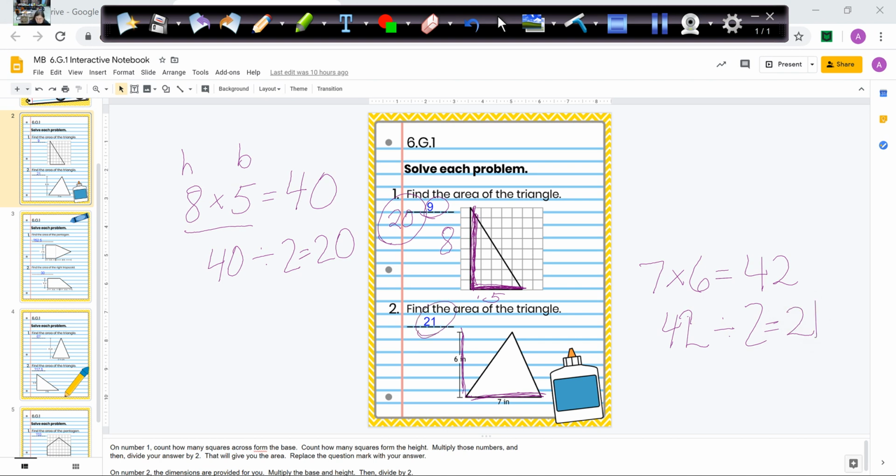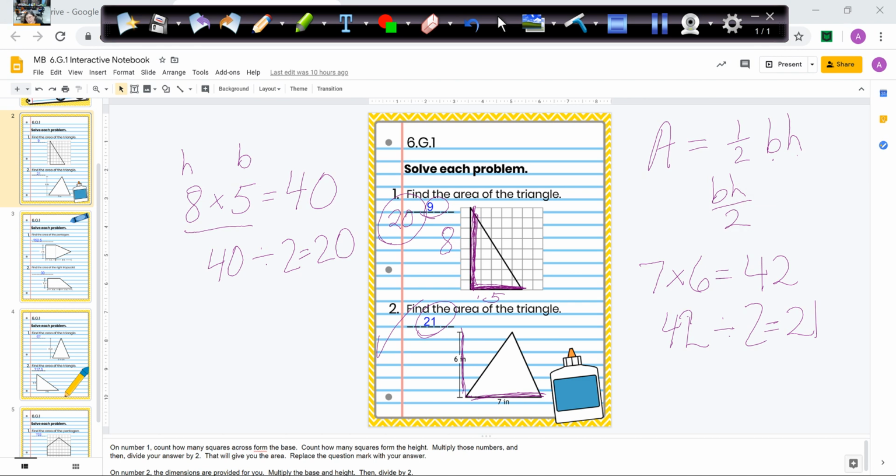You got it. The thing to remember is that the area of a triangle is equal to half the base times the height. So you're multiplying that base and height, and then you're dividing it by 2.